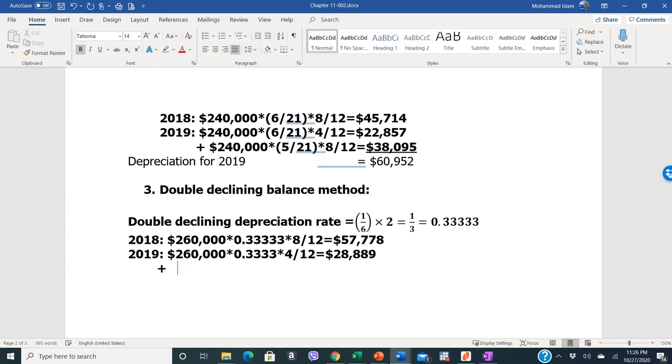we have to subtract the previous year's depreciation from the book value, and we will have the beginning book value of the second year.